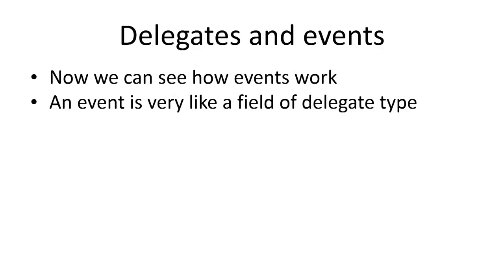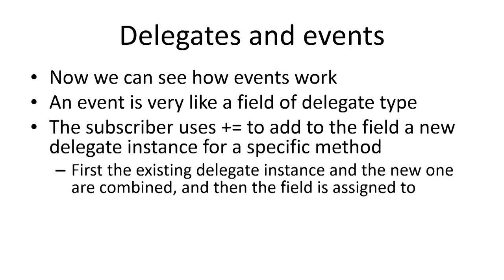All right, so now maybe it's becoming a little bit more clear how delegates and events work together. An event is kind of like a field whose type is a delegate type. The subscriber uses plus equals, and it says, hey, event, you have a handler. That handler is a delegate.